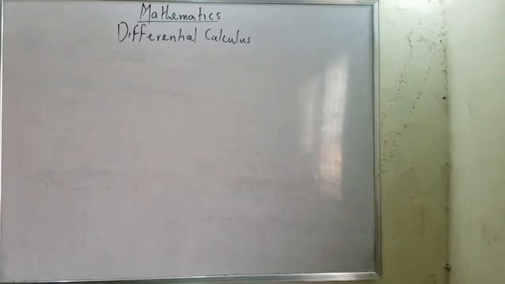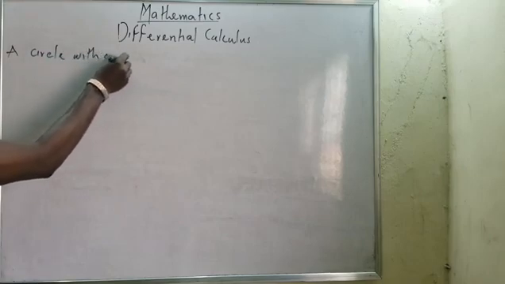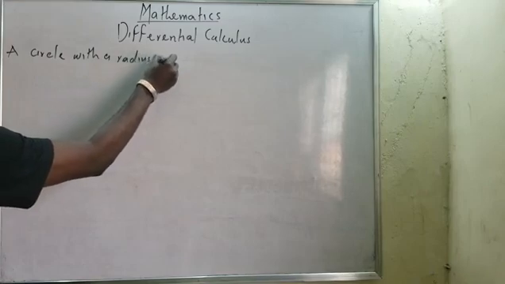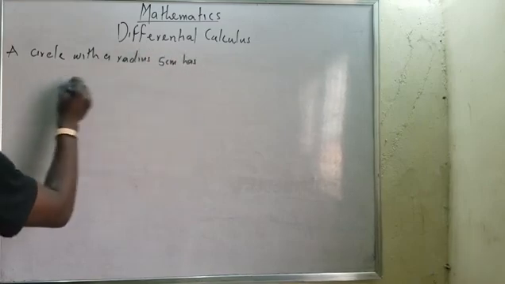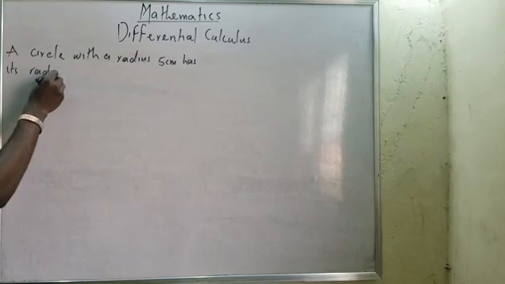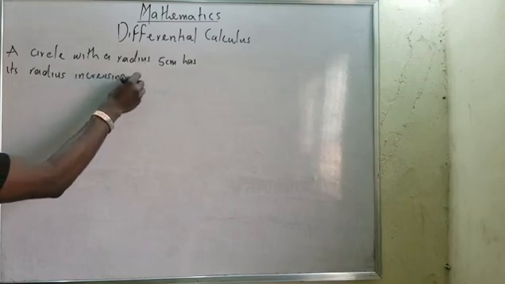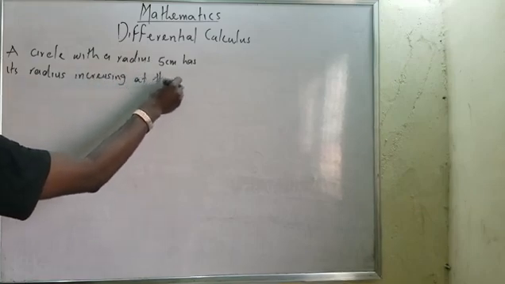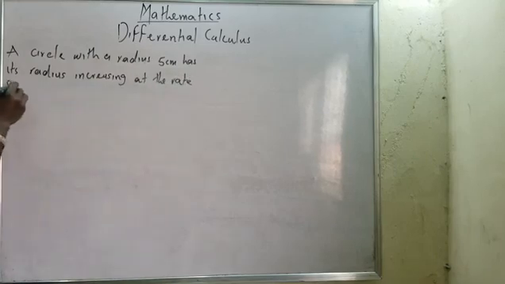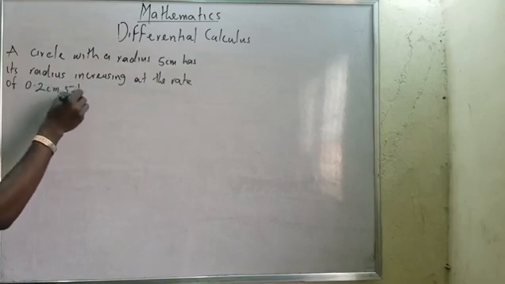Now, let me try to look at this question. A circle with a radius of 5 centimeters has its radius increasing at the rate of 0.2 centimeter per second.